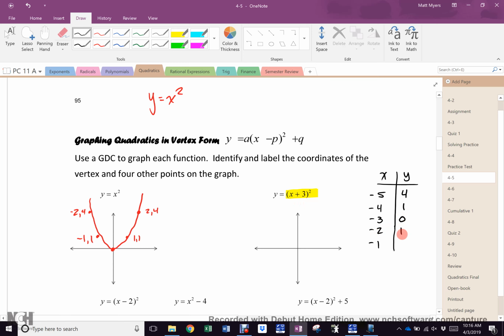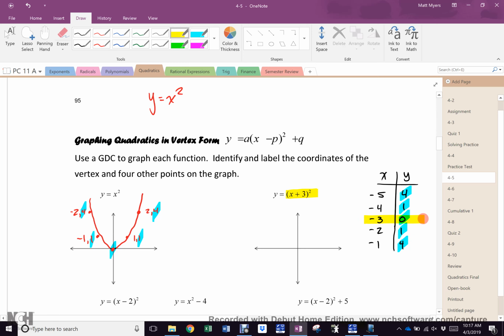1 squared is 1, and negative 1 plus 3 squared? 4. What do you notice? There, there, there, and there. They're the same numbers, right? What do you see there?